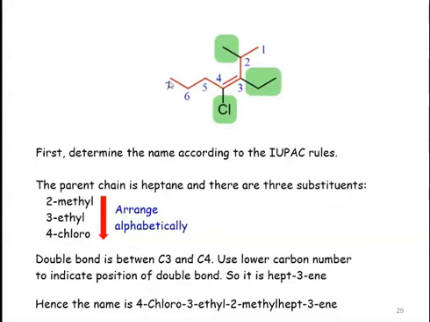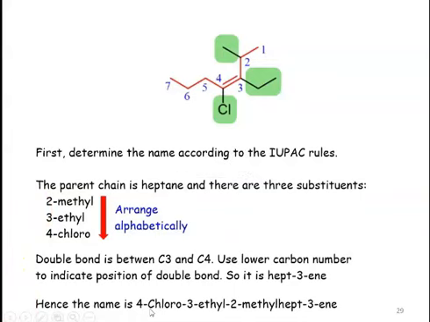If it is an alkane, it is called heptane. If it is an alkene, it is called heptene. And to add additional specification to this heptene, the exact position of the double bond is specified by the term 3-ene.